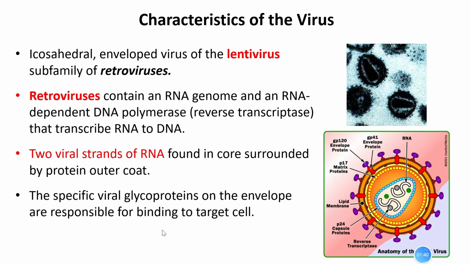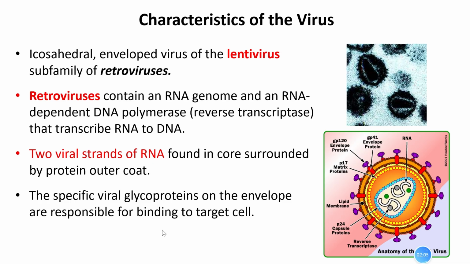And in the HIV particle here, you would find 2 copies of its RNA. Okay, this is not a segmented virus. These 2 copies are identical. Okay, so they are just 2 copies of the RNA genome.